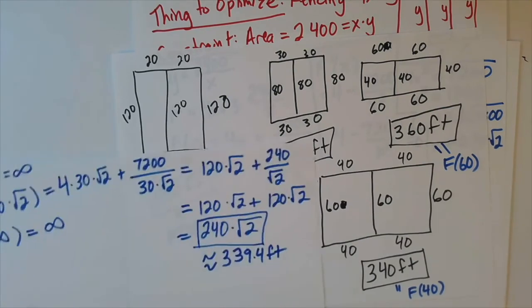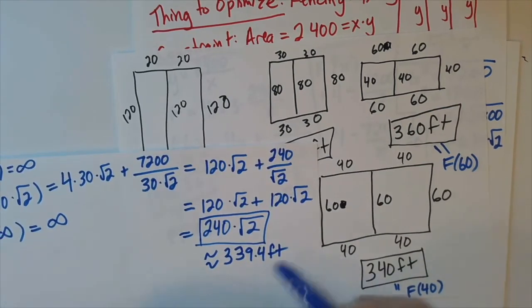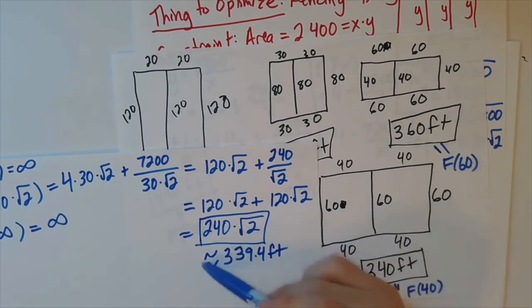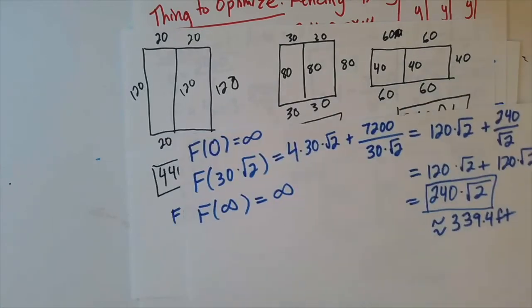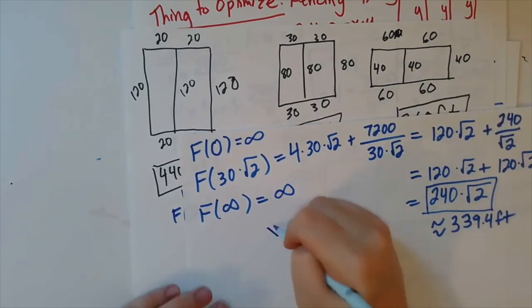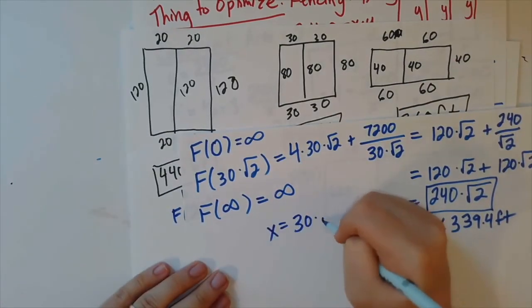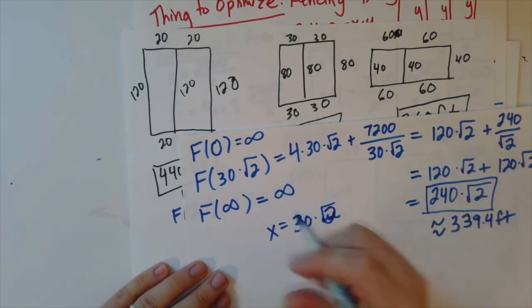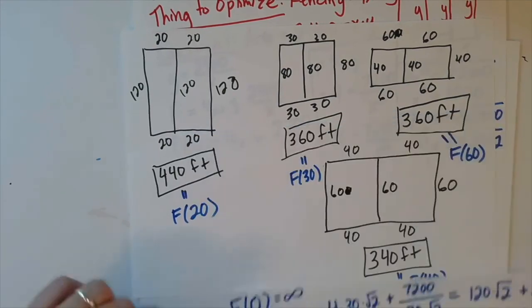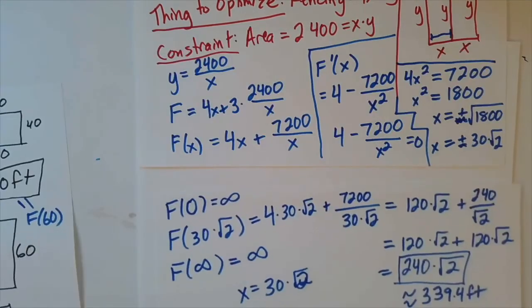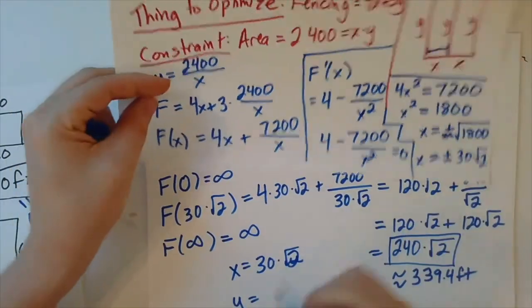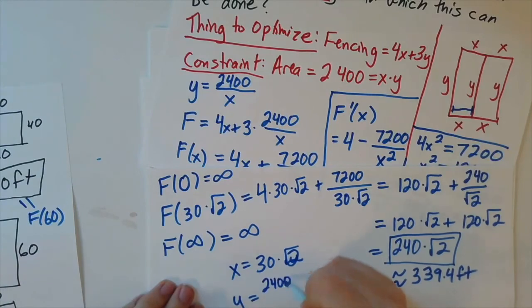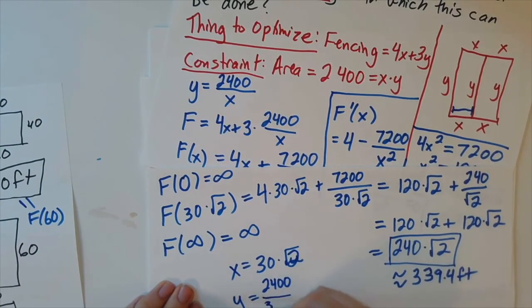Okay, so we have the best possible fence here, uses this much total fencing, and it is x equals 30 times the square root of 2. And y equals, and so we can figure out what y is. We never actually write it down, so I'll write it down for completeness' sake. Y is 2,400 over 30 times the square root of 2.